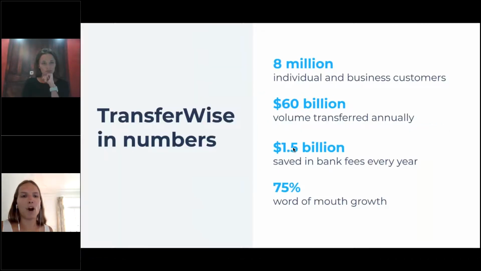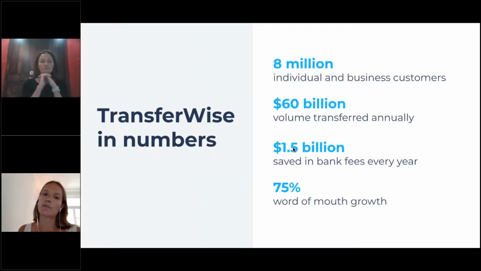So a bit about our numbers and where we're at today. We were founded in 2011, and over the past 10 years, we've acquired 8 million customers. That's a mix of both individual customers and business customers. We transfer every month 5 billion in total volume of payments, which equals 60 billion every year, passing through our rails.